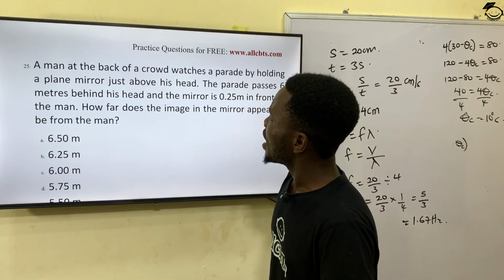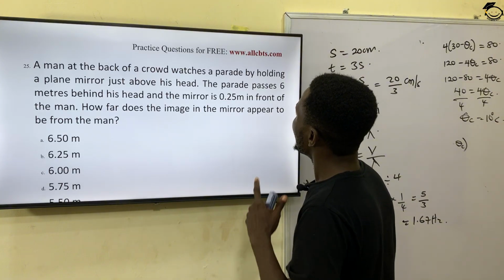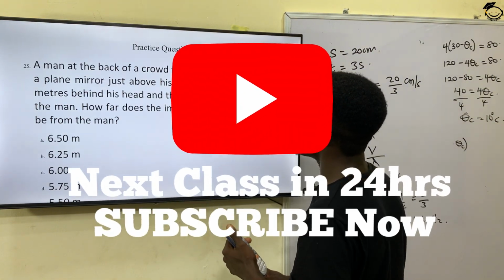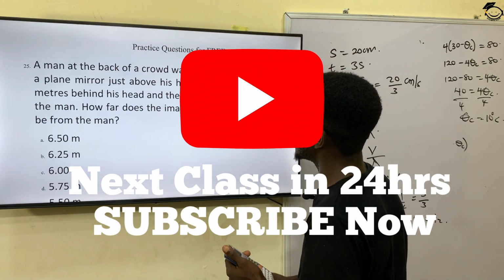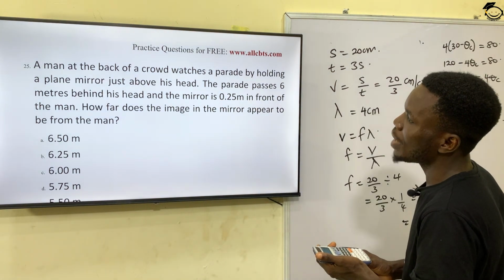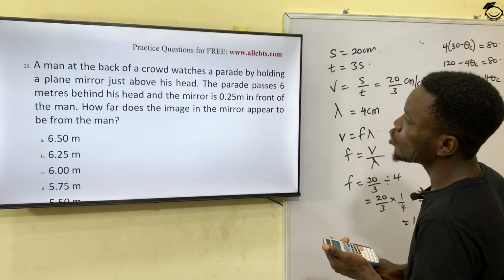It says a man at the back of a crowd watches a parade by holding a plane mirror just above his head. The parade passes 6 meters behind his head, and the mirror is 0.25 meters in front of the man. How far does the image in the mirror appear to be from the man?